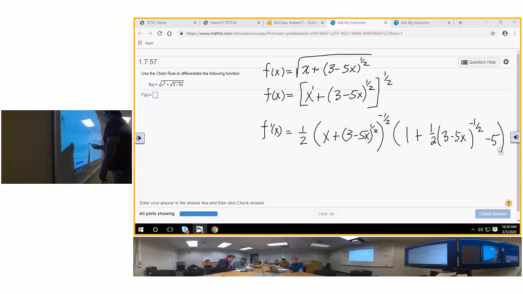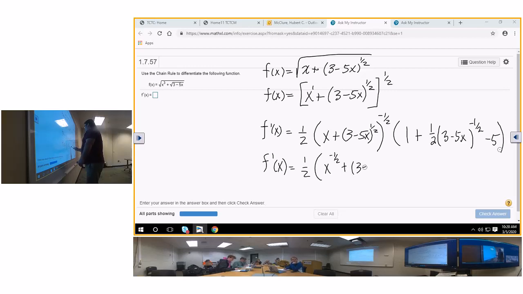So I don't know what they're going to do, but we're going to do it this way. 1/2, and then that's going to be x plus x to the negative 1/2 plus 3 minus 5x to the negative 1/4. I don't think they're going to do that, but it's worth a shot. 1 minus 5/2, 3 minus 5x to the negative 1/2.